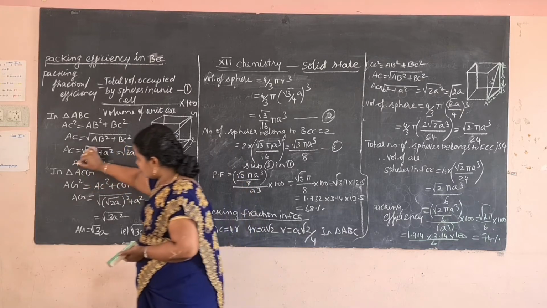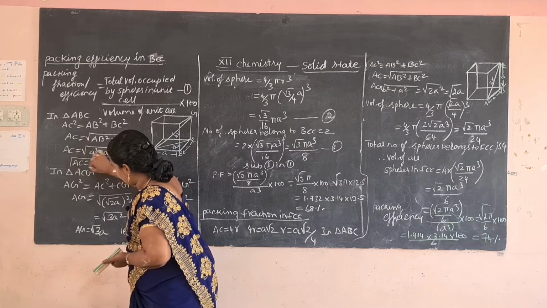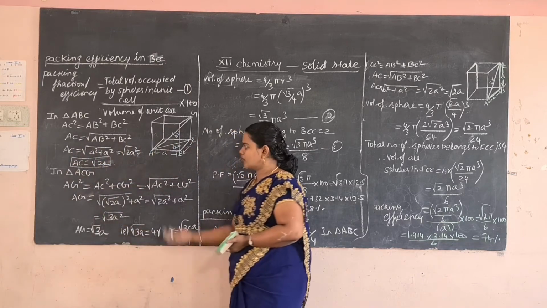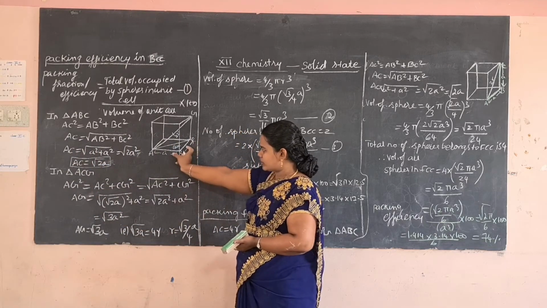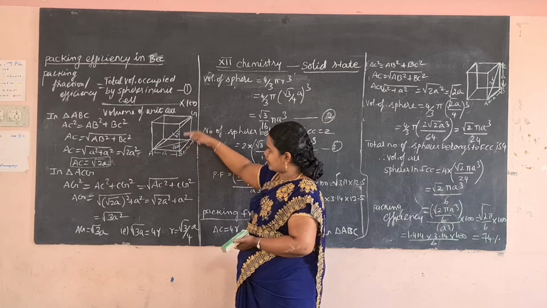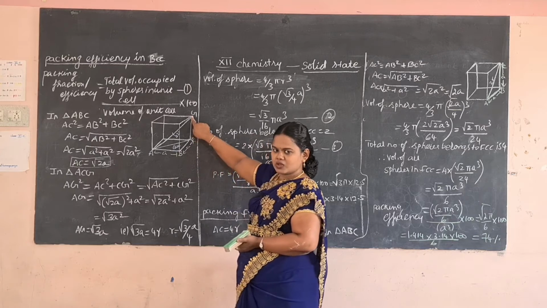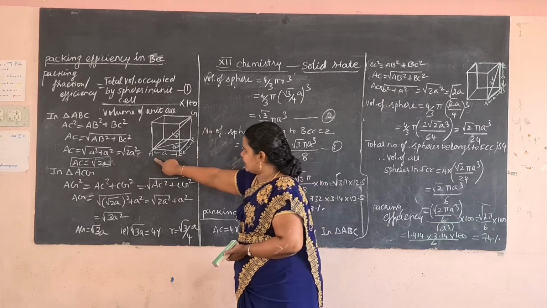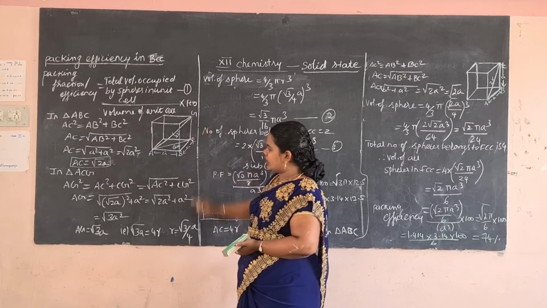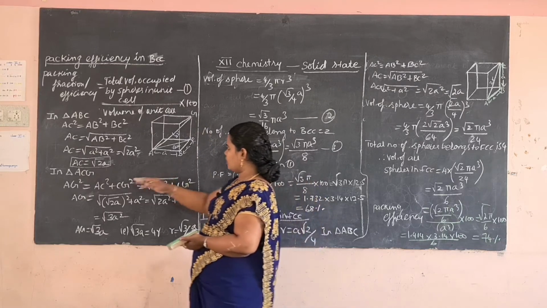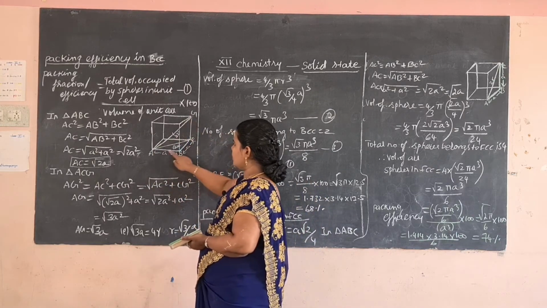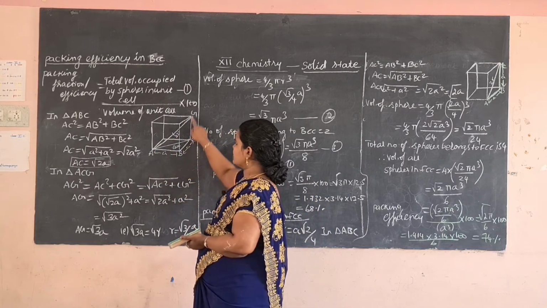So AC is equal to root 2 a. Then you consider the next triangle. What is this triangle? ACG. In ACG, similar to that one, AG squared is equal to AC squared plus CG squared.